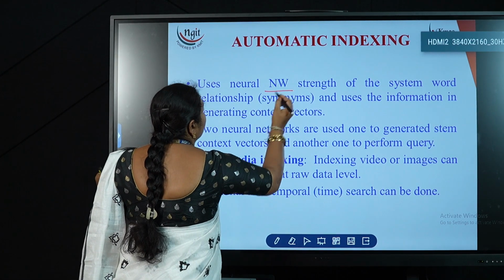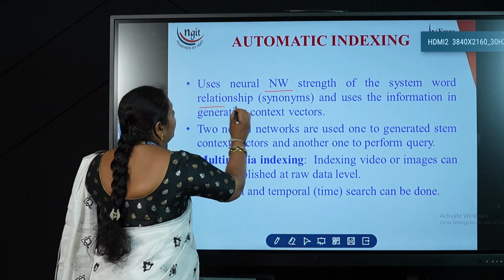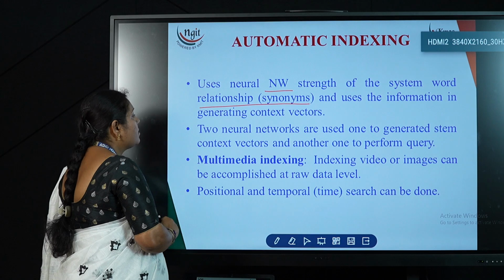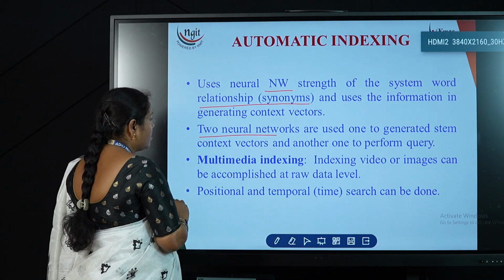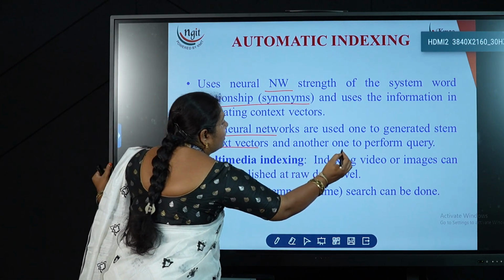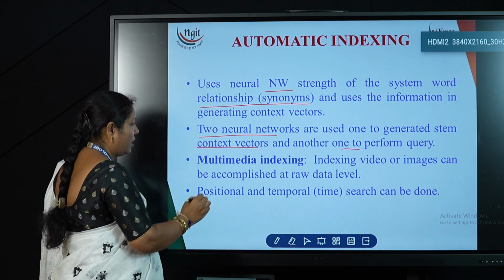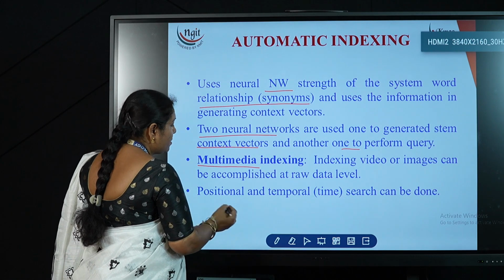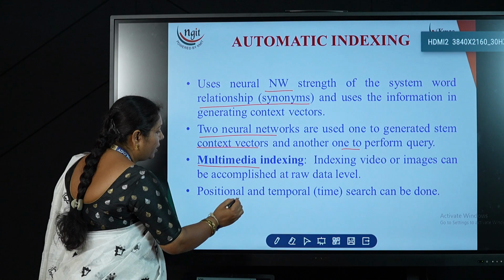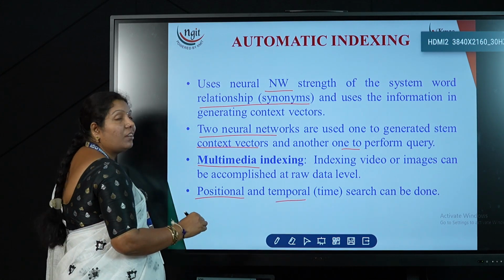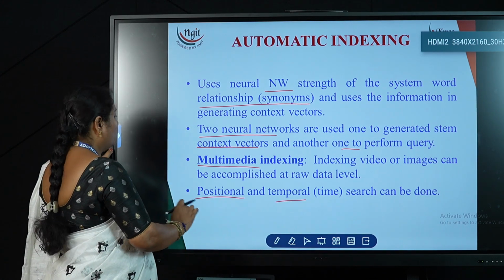In order to strengthen your system, always identify the relationship between the synonyms, and you use two neural networks: one for generating the stem text context vectors and another to perform the query. The next one is multimedia indexing. It is always based on your videos and images, and it looks up the position and time of the value.